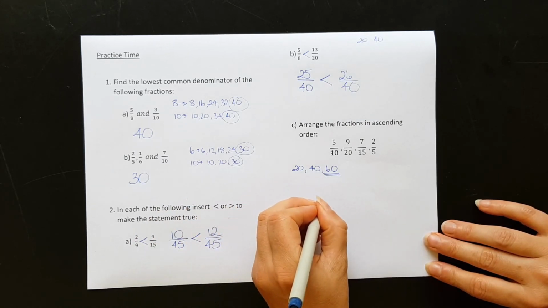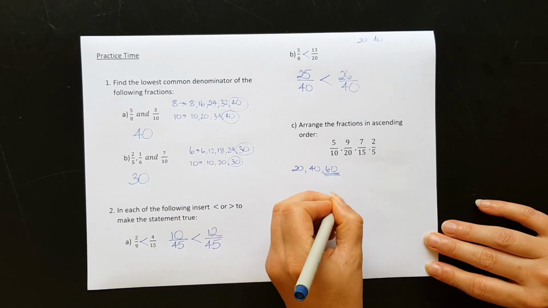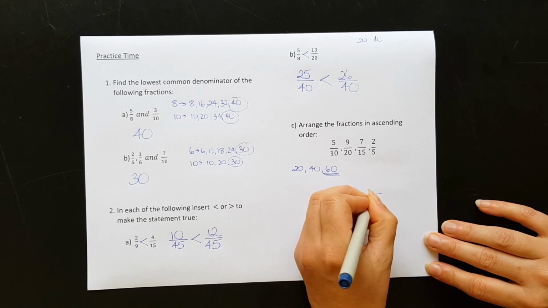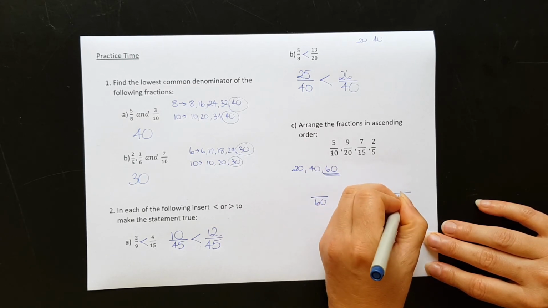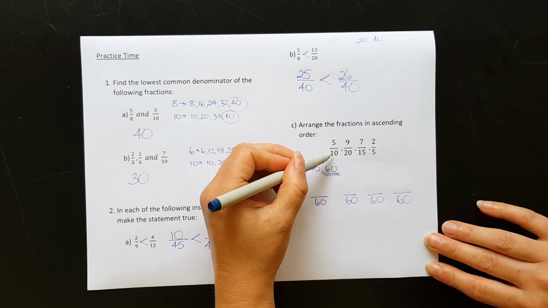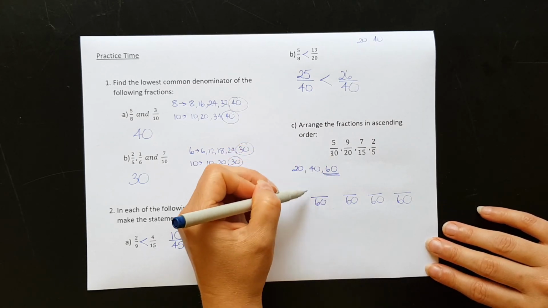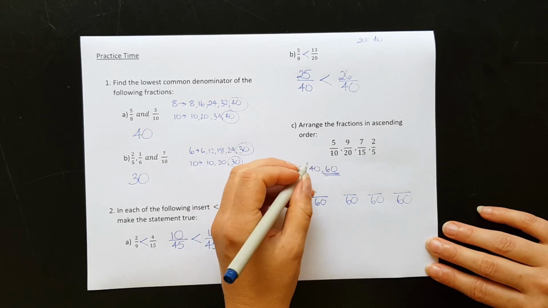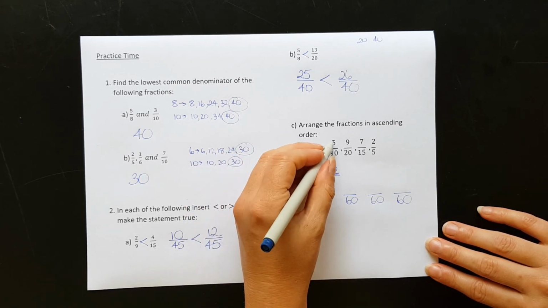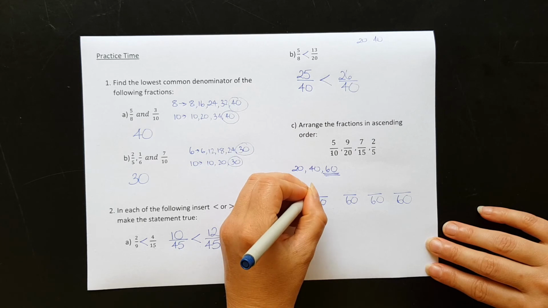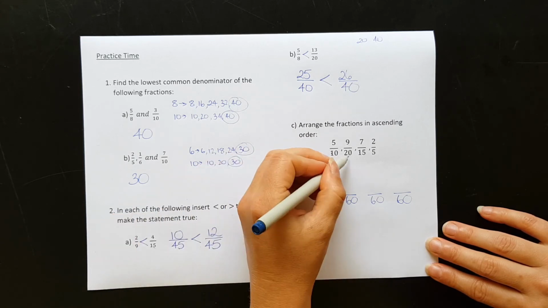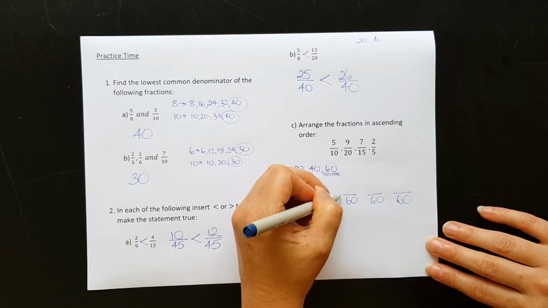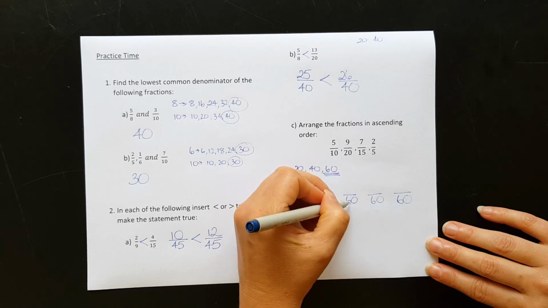So let's change them all to be 60s. Okay, so this first one was 10. I have to times that by 6 to get to 60. So times 5 by 6 gives me 30. 20 to get to 60, I need to multiply by 3.